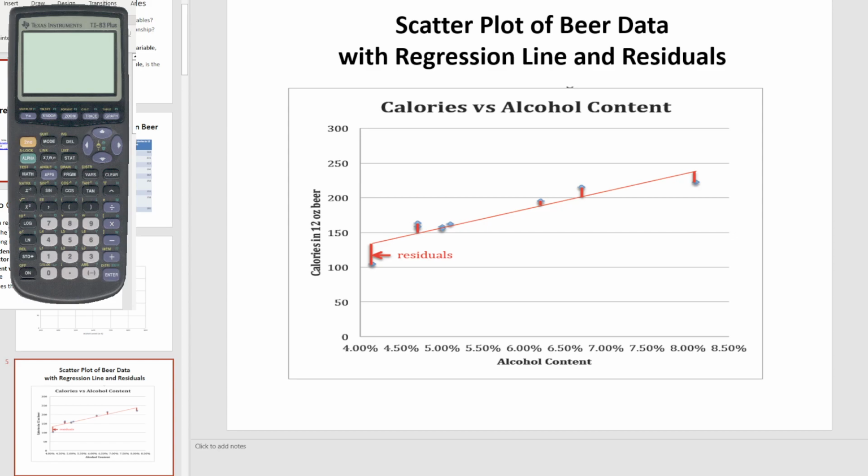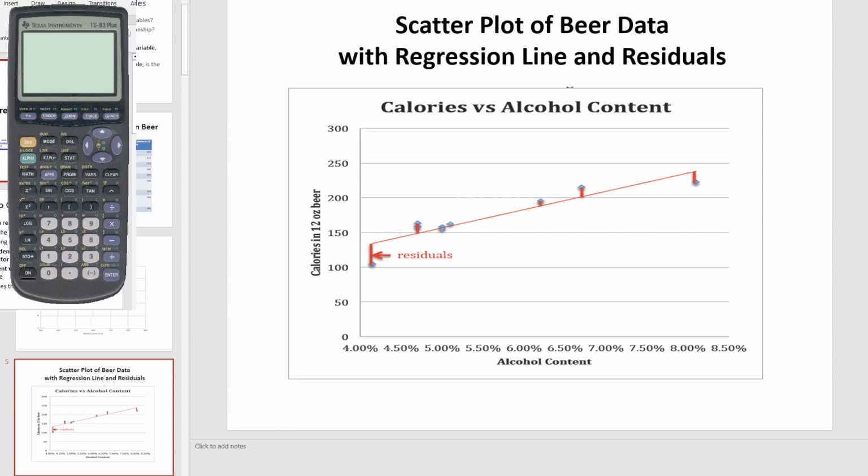And once we have a scatter plot, to find the equation for the linear relationship, we use this process of regression. The process is to draw a line through the data and then find the distances from each of the points to the line, which are called the residuals.